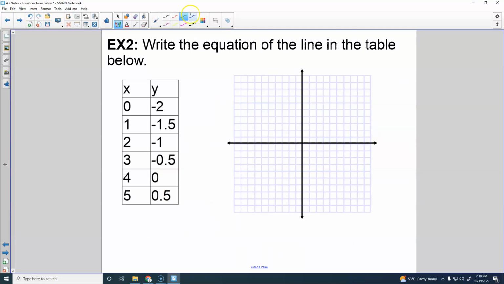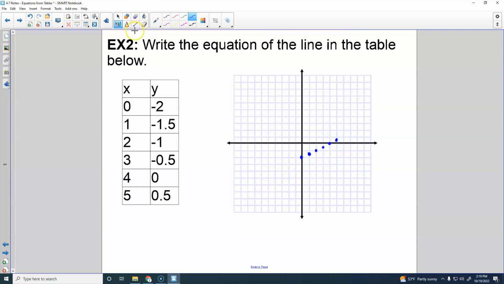So I've got these points. We want to graph these as well. So we got 0, -2, 1, -1.5, so that would be right here. 2, -1. 3, -0.5, 4, 0, 5.5.